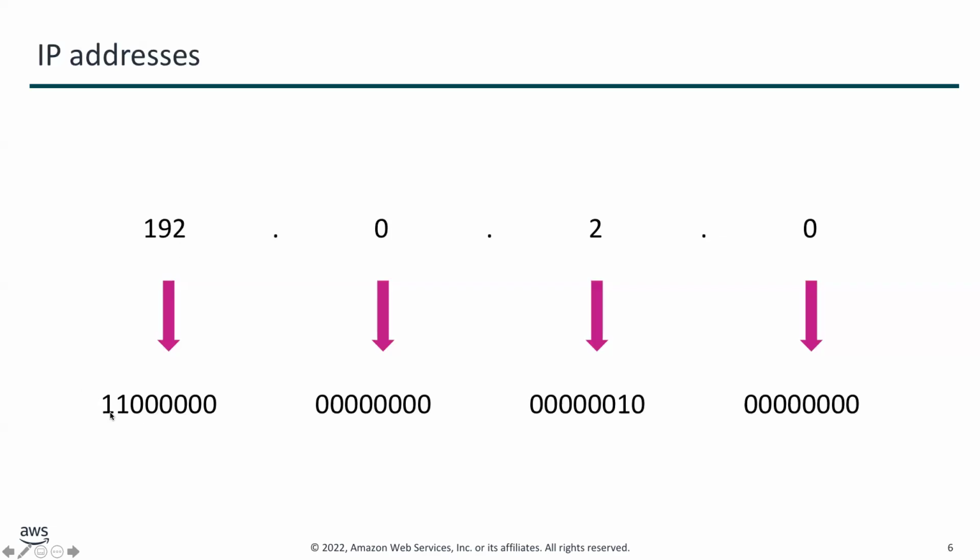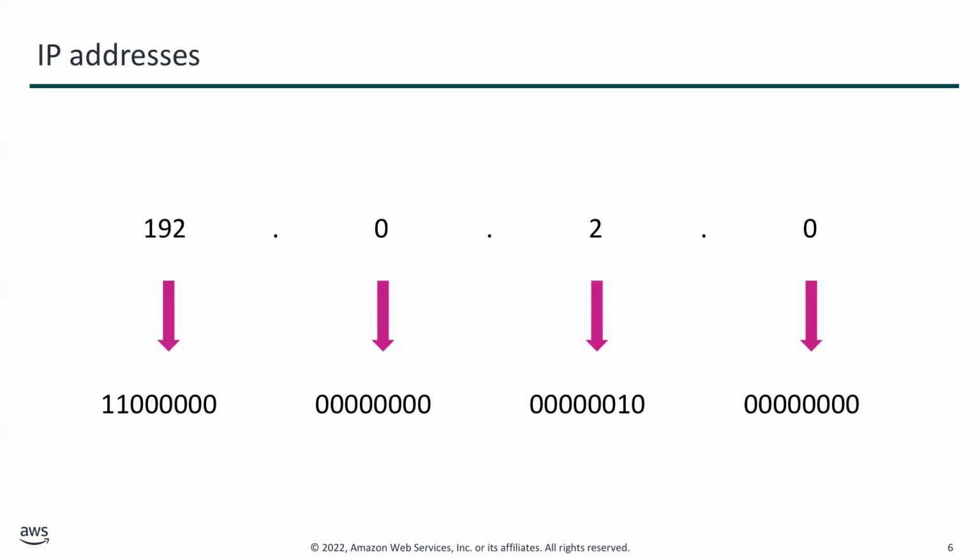2 to the power 7 is what? 128, is it? And 2 to the power 6: 1, 2, 4, 8, 16, 32, 64, and 128, right?